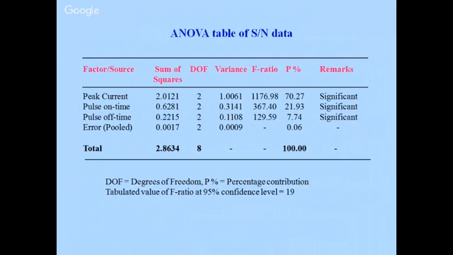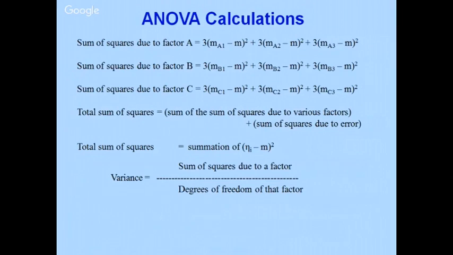What is sum of squares? Sum of squares due to factor A: value of SN ratio at A1 minus mean ratio, value at A2, A3 minus the mean, square them, multiply by 3, that is the sum of squares due to factor A. Similarly, you will calculate sum of squares for factor B and factor C. You will also calculate the total sum of squares: you take all SN ratios at the same time, that gives you the total sum of squares.